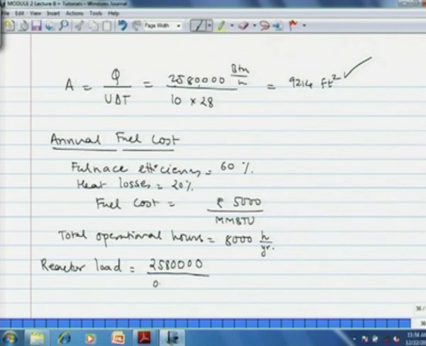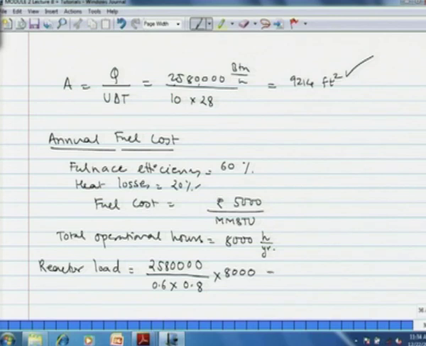However, the heat that needs to be generated at the furnace will be this divided by 0.6 into 0.8, because 20% will be lost. So, this divided by 0.8 into 8,000.